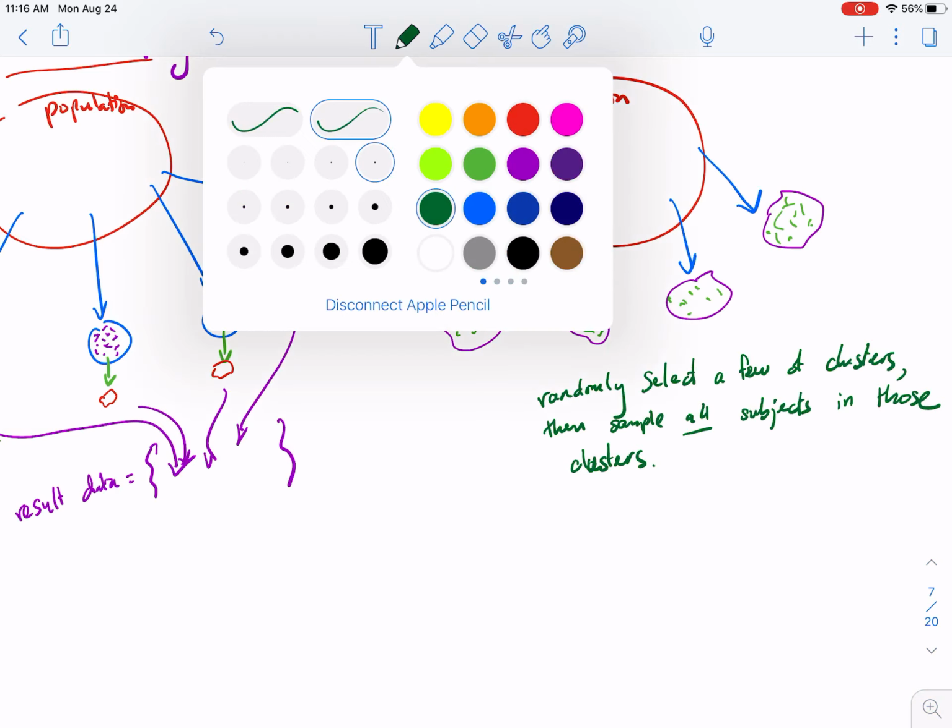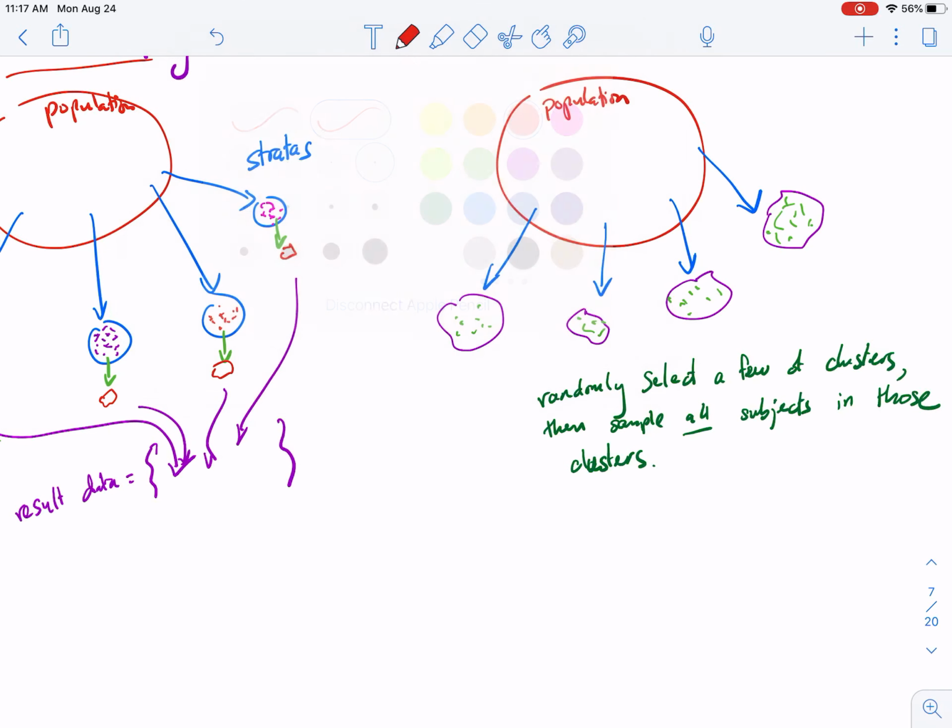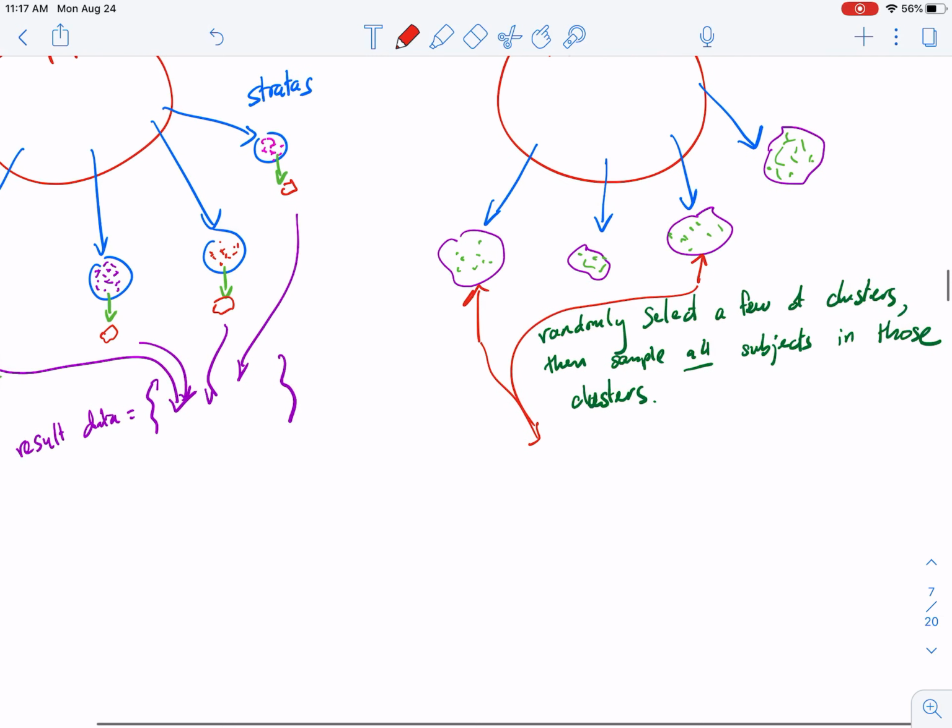I'm going to use red and randomly select this one and that one, and then sample all of them.